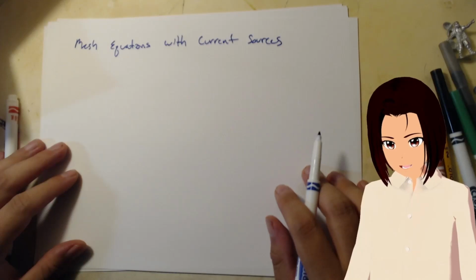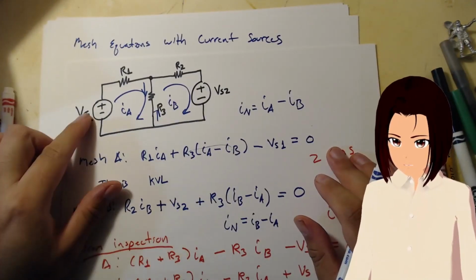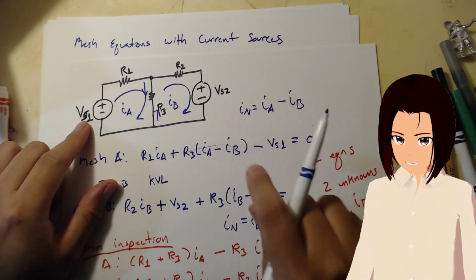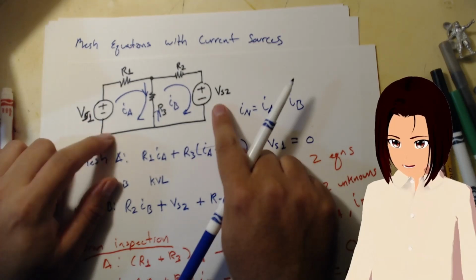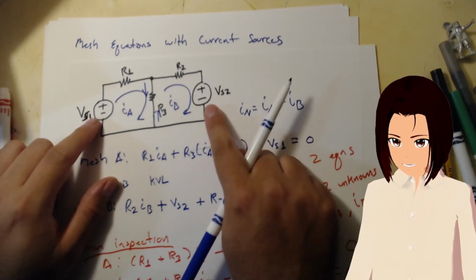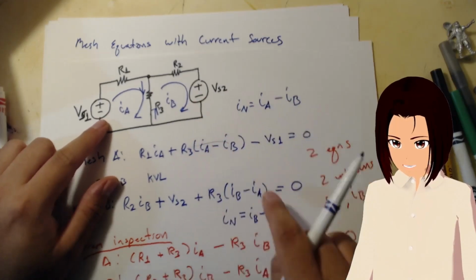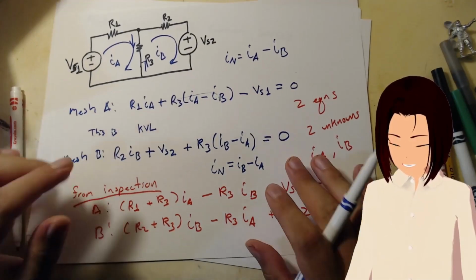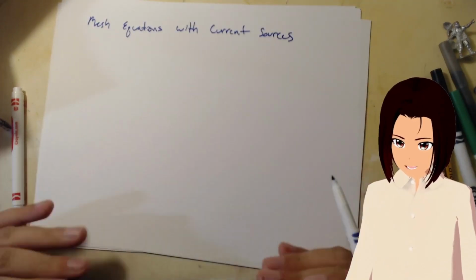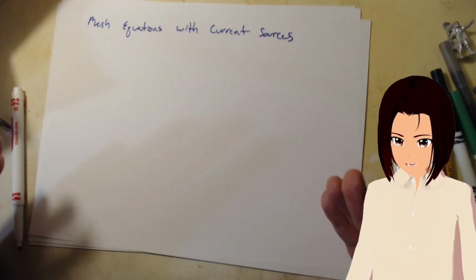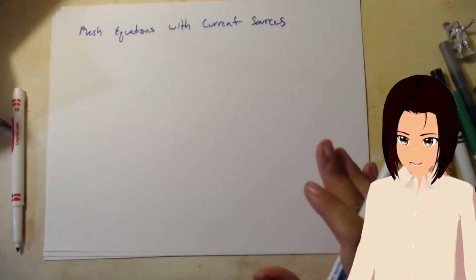How do we formulate the mesh equations with that? For the voltage sources, VS1 and VS2, they're in series, so we simply add them to the equation because fundamentally this is KVL. You can't just do that with a current source. KVL doesn't work with a current source very well. So how do we get around this?